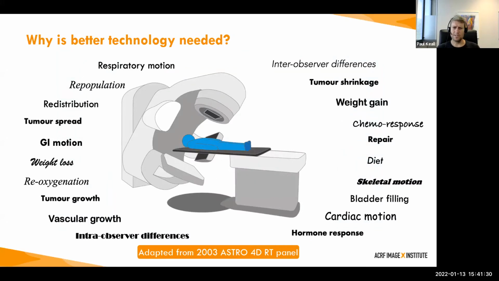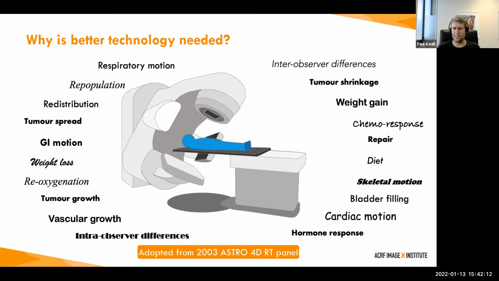There are so many things going on during radiation therapy, where the patients are live and dynamic. We're all alive, and the many different systems within our body, the respiratory system, the cardiac system, the digestive system, all of these are moving. It's very hard even just to stay still if you're asked to. So there are anatomic changes occurring. There are also physiologic changes both in your body and with the tumor.